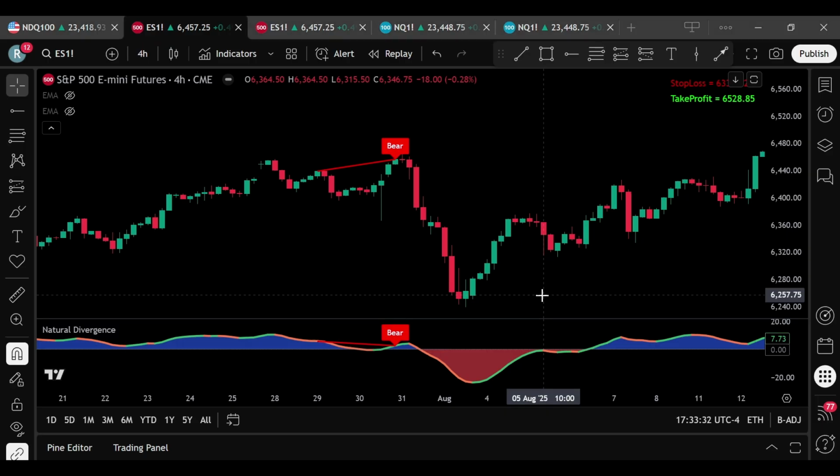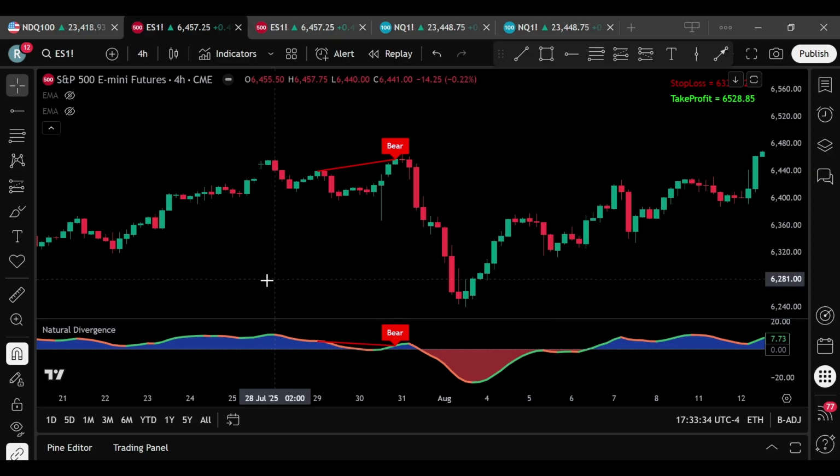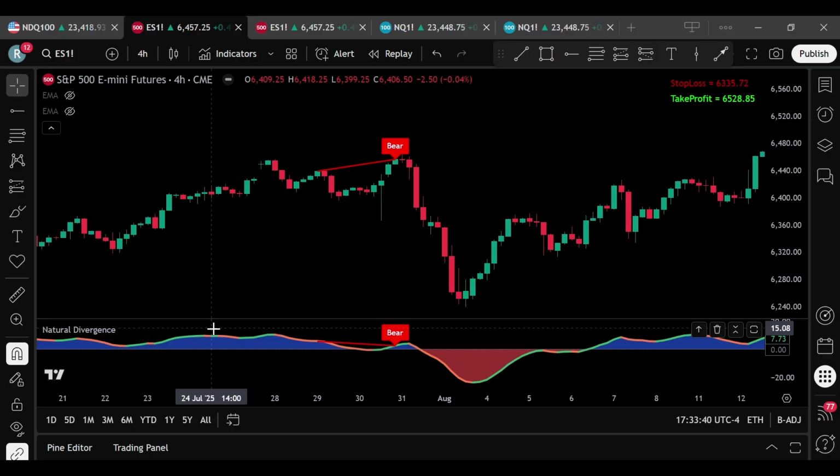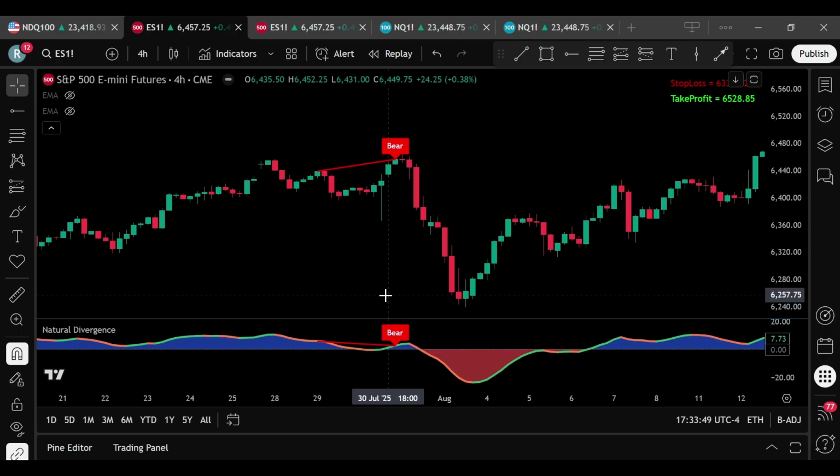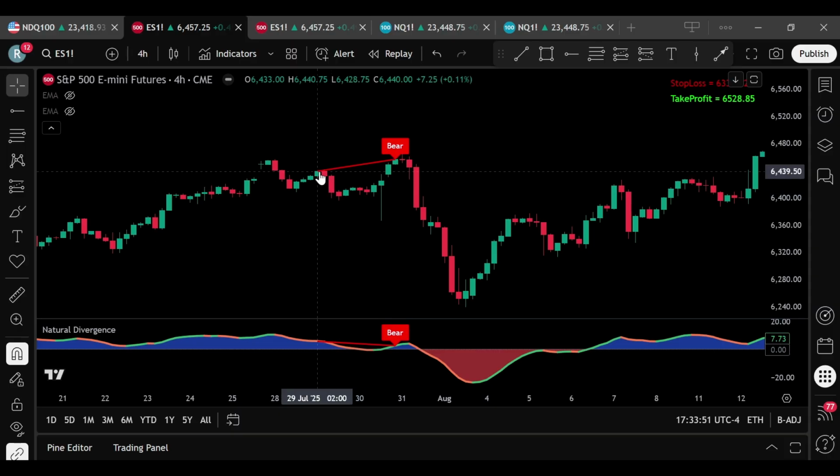In this video today, we are going to go over the Natural Divergence Indicator. It uses the Natural Momentum Indicator, which is another one of Indicator Vault's indicators, but the option of divergences has been added to it.